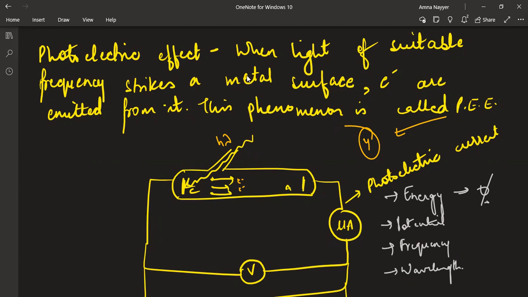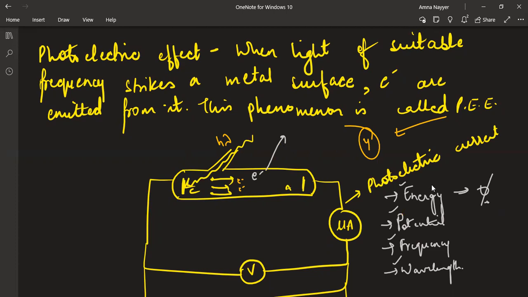All these minimum values are required. When this minimum value of energy is crossed, when this minimum value of potential, frequency and wavelength is crossed, it is achieved. This is like the cutoff. When this is crossed, then only the electron will become available for ejection, for photoelectric emission to occur.